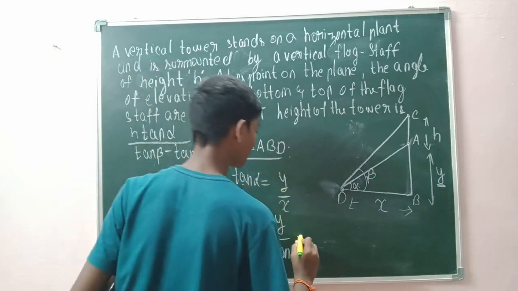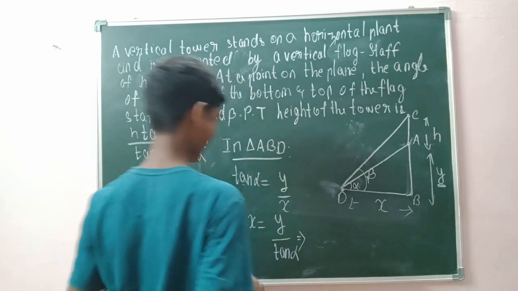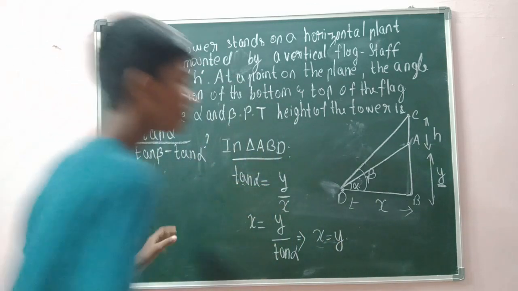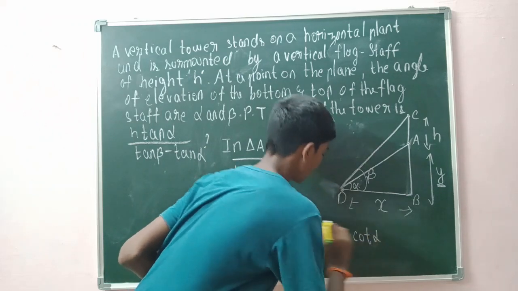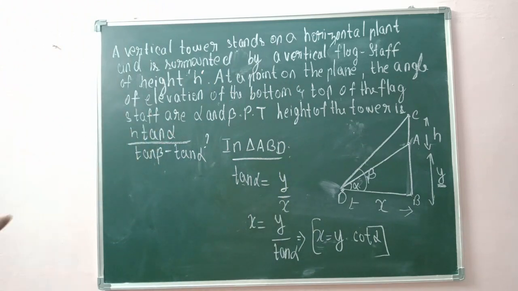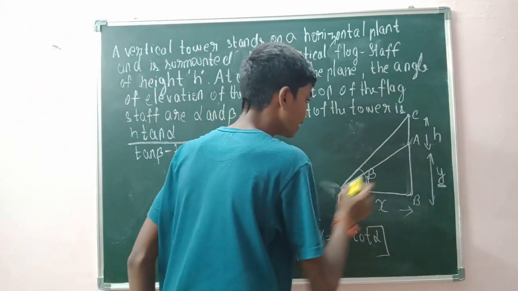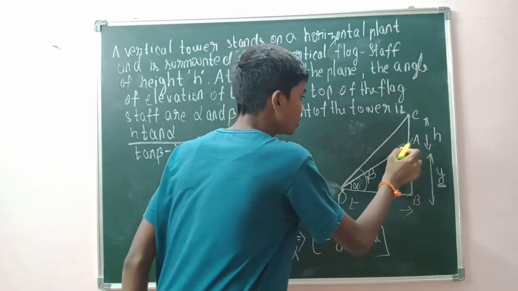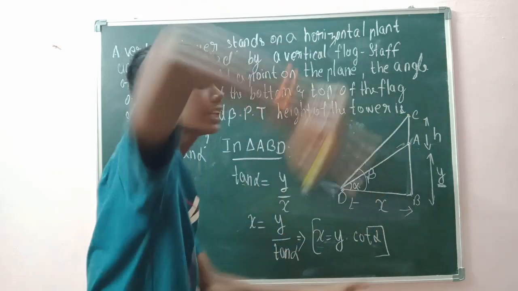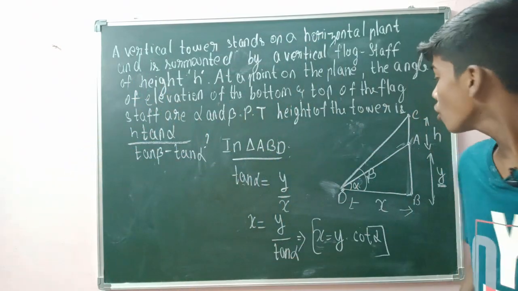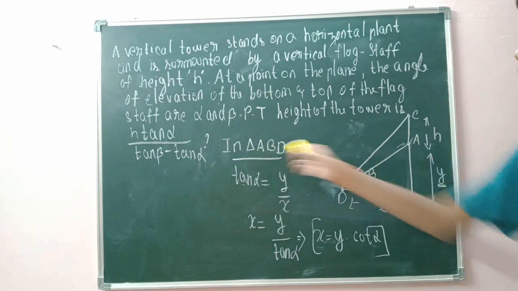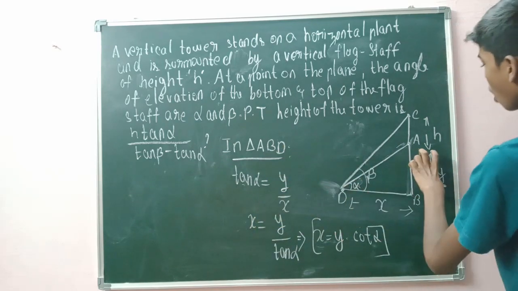So this implies that x is equal to y times 1 by tan alpha, which is cot alpha. That is our first step. Just understand what I did here. For this line of sight AD, the angle of elevation is alpha, and for the other line of sight, the total angle is beta. In the small triangle ABD, tan alpha is y by x, opposite by adjacent.